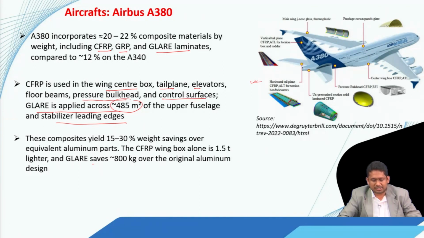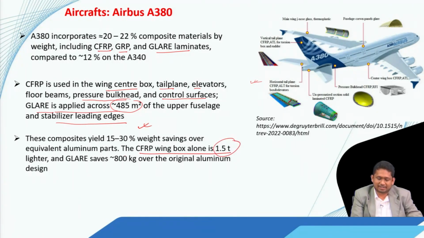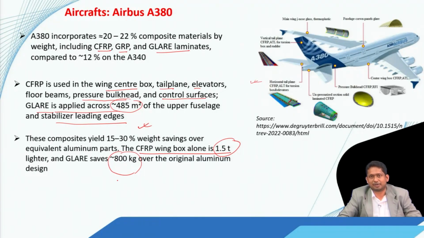Now, these composites give us around 15 to 30% weight saving. So, the CFRP wing box alone saves 1.5 ton here, and glare saves around 0.8 ton if I compare with its aluminum counterpart. Now, Airbus 380 is an older version than A350.